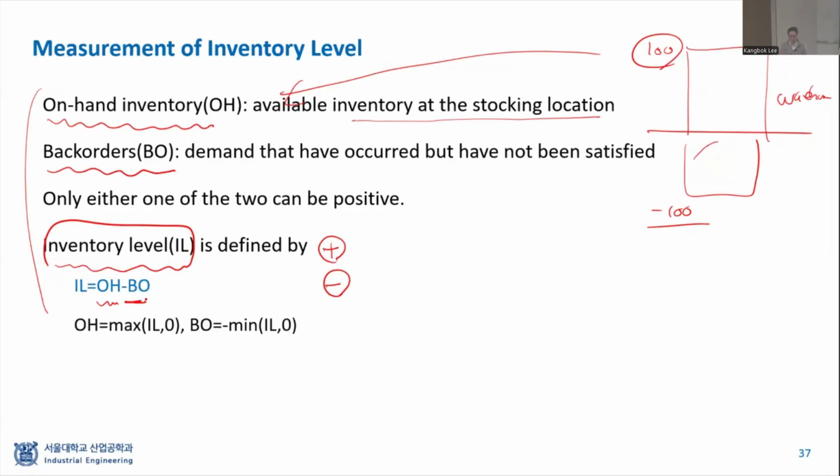If the on-hand inventory is positive, I will have a plus number here. And obviously, we don't have to think about a situation where both on-hand inventory and back order are positive. They never get positive at the same time, which is obvious.